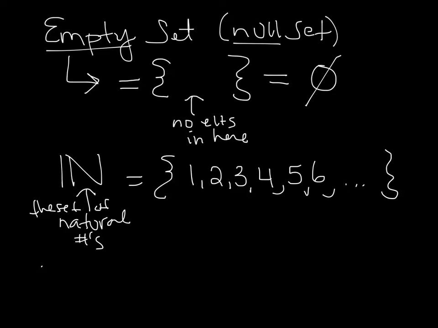Sometimes we call these counting numbers, because that's how we learn to count. If you ask a kid to count up to 10, they're not going to say 0, 1, 2, 3. They'll start out 1, 2, 3, 4, and so forth. So this is the empty set, and this is the set of natural numbers.